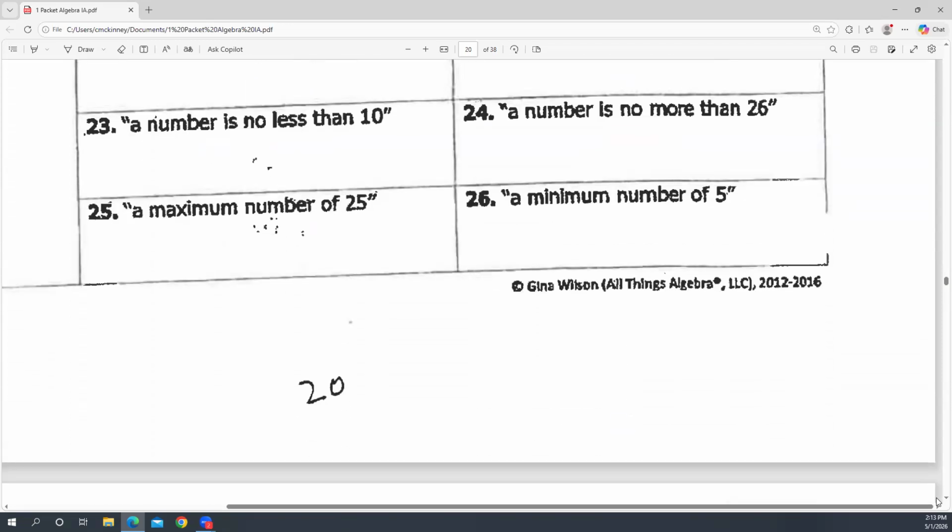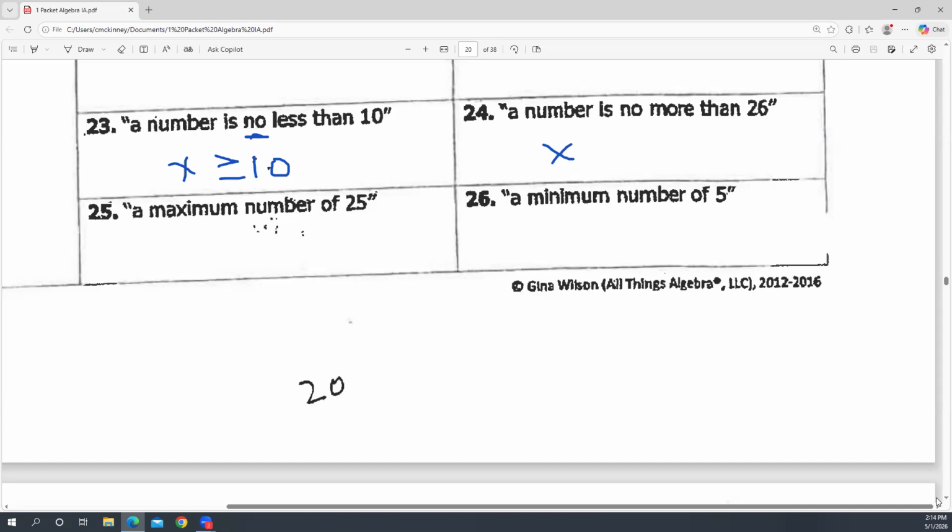Now we have some that have a no in here. No less than 10. If it's no less than 10, that means it could be 10 or it could be bigger than 10. So greater than or equal to 10 if it says no less than 10.